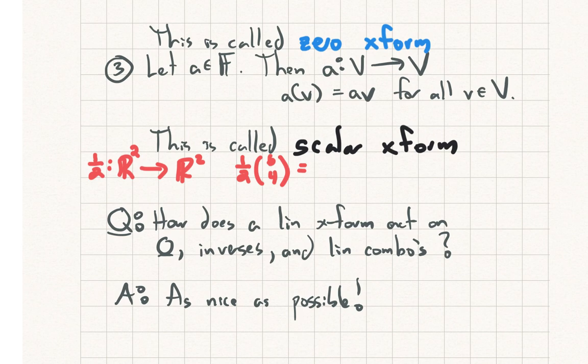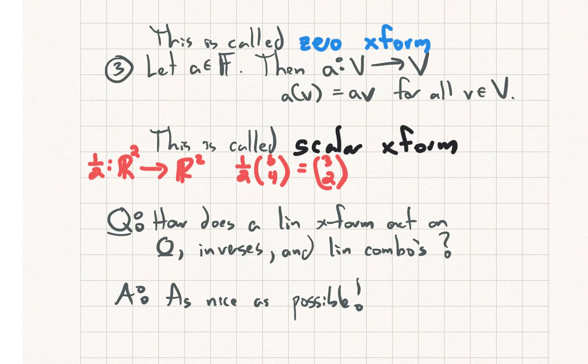So that gives me 1/2 times 6 is 3, and 4 times 1/2 is 2. So it behaves just like scaling. And in fact, we can think about multiplication by a scalar as a linear transformation. And as a little exercise, it might be instructive to check that indeed the two conditions for being a linear transformation are satisfied by scaling.